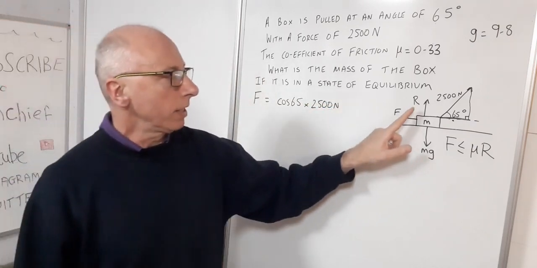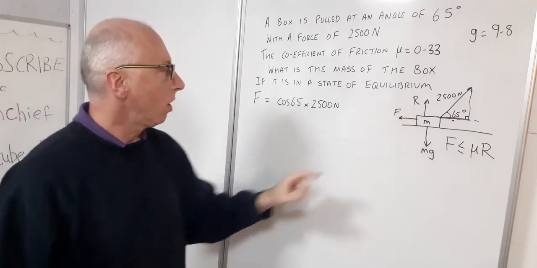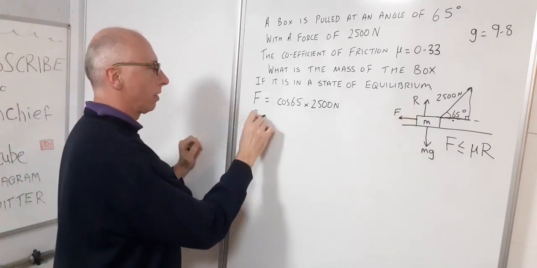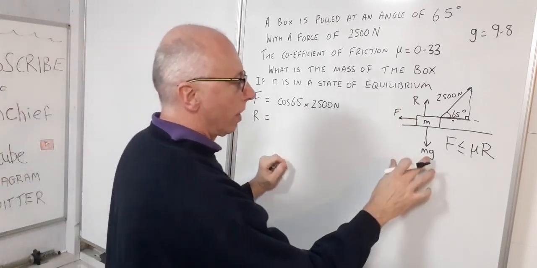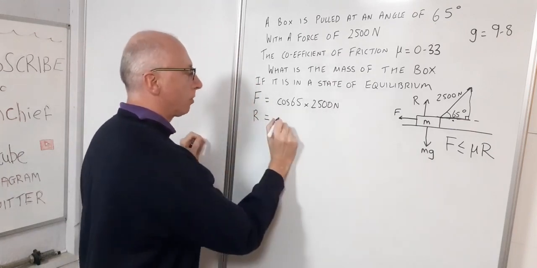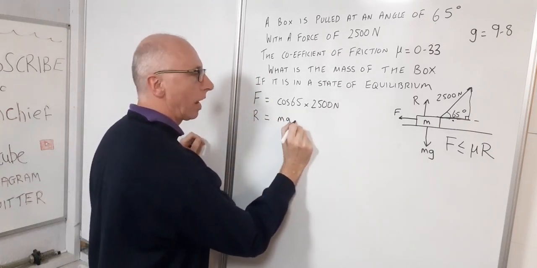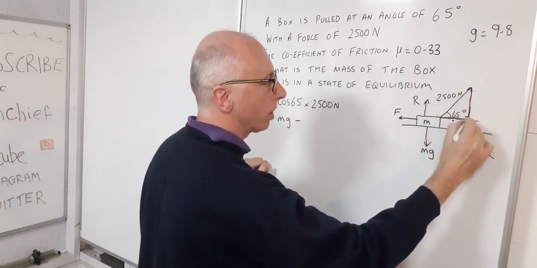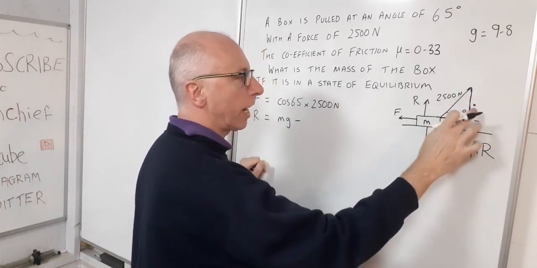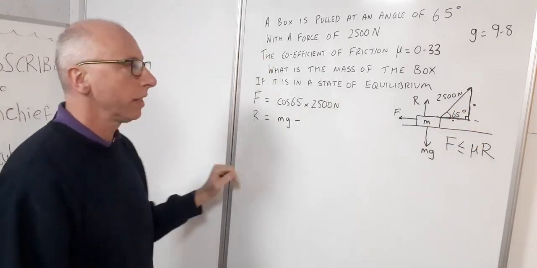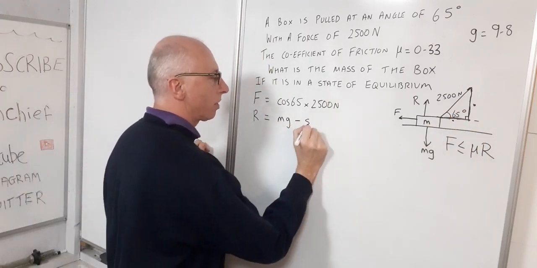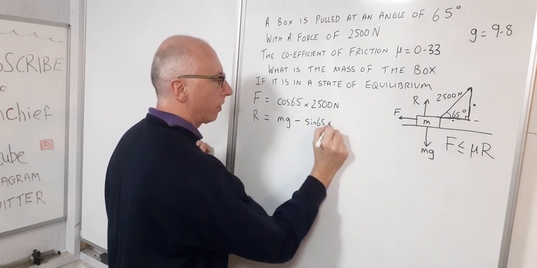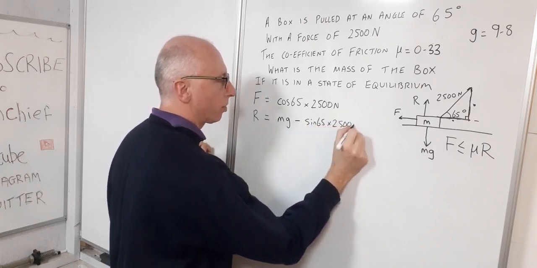Now we need the vertical force, which is R. So R will be this force here, which is M times G, and then subtract that from whatever force is going in this direction. Now using trigonometry again, as it's opposite, we'll use sine. So minus sine of 65 times 2,500 newtons.